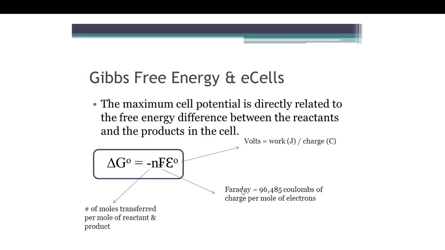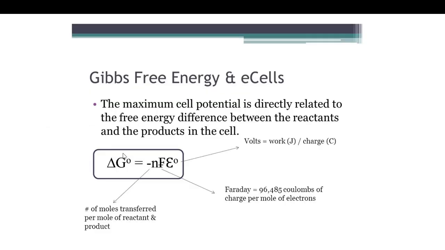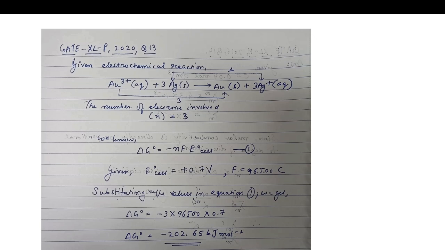F is the Faraday's constant that is already given in your question, that is 96500 coulomb per mole. Okay, so this is the basic formula that you need to know in order to solve this question.